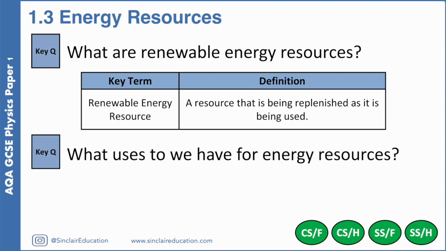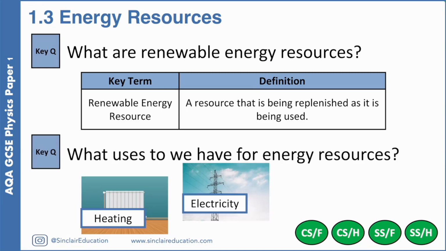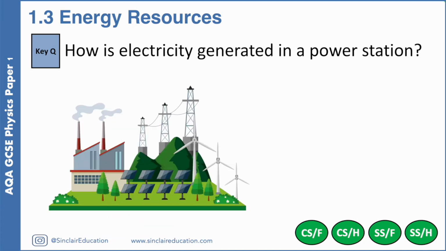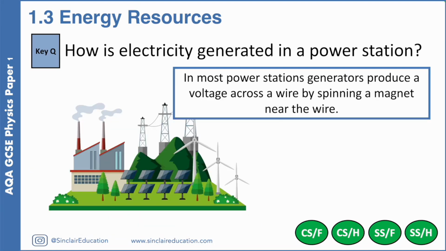With energy overall, whether it's renewable or non-renewable, there are three main ways that as a population we use our energy. We use it for heating, electricity, and for transport. Electricity, for the most part, will connect to the national grid that we'll look at in the electricity topic.